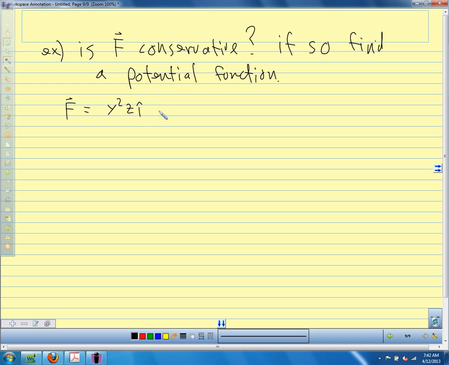So here's our field. Stick with me, guys. So there's our field. So we're going to form the cross product. Find the curl, del cross F.